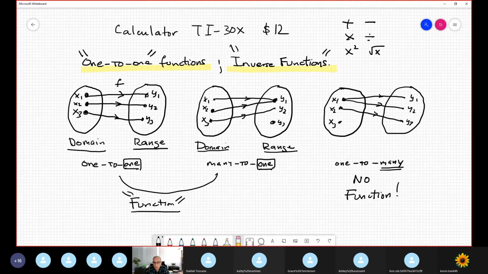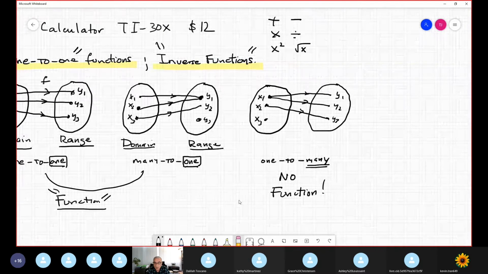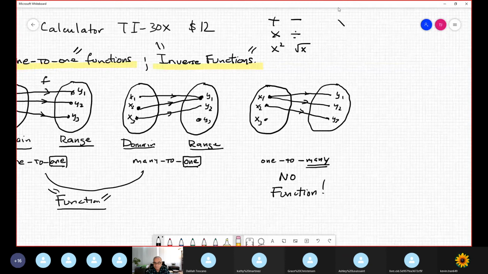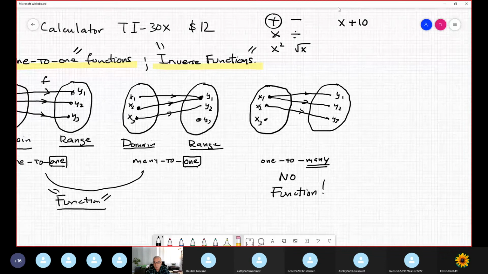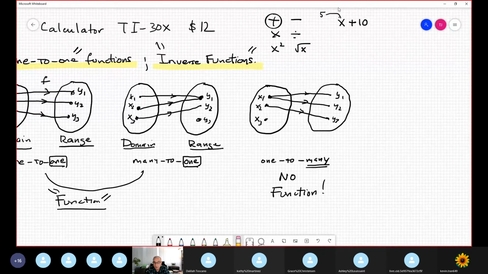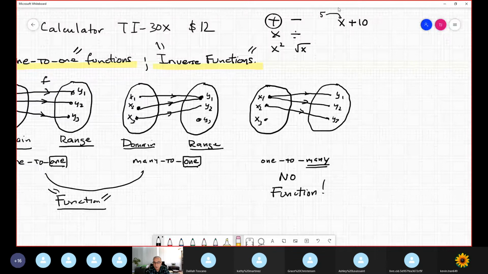Because when you apply both together, suppose, hypothetically, one function is x plus 10, addition. Then you pick one value, for example, 5. Plug it in here. Then 5 plus 10 is 15.